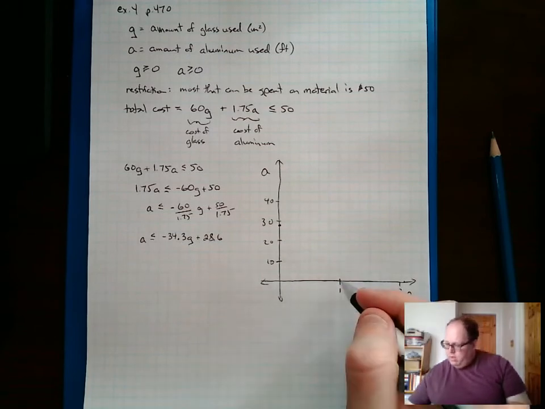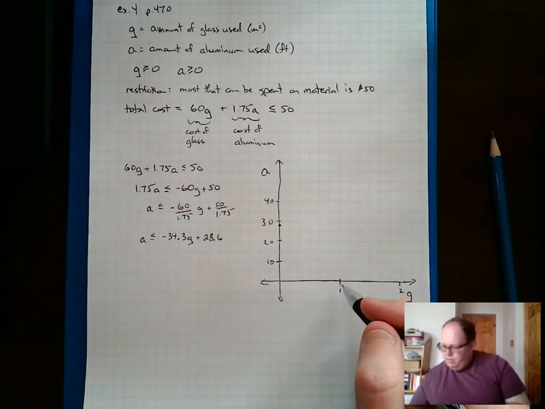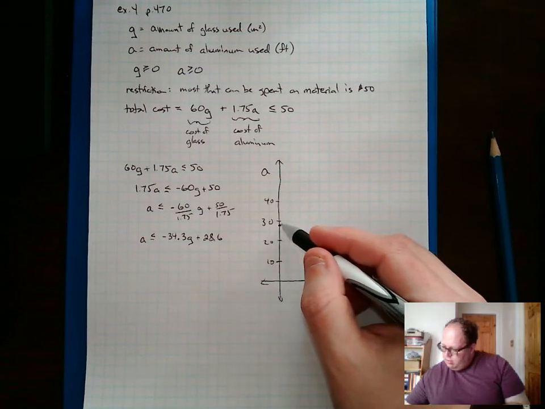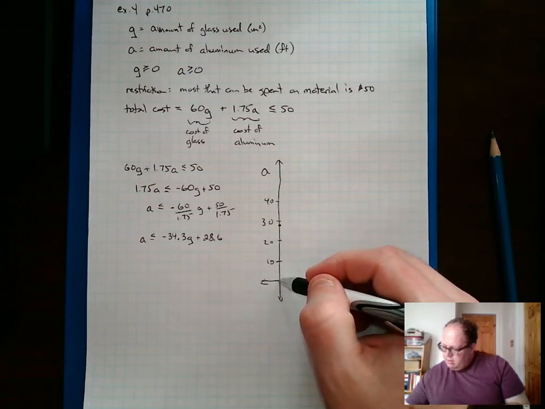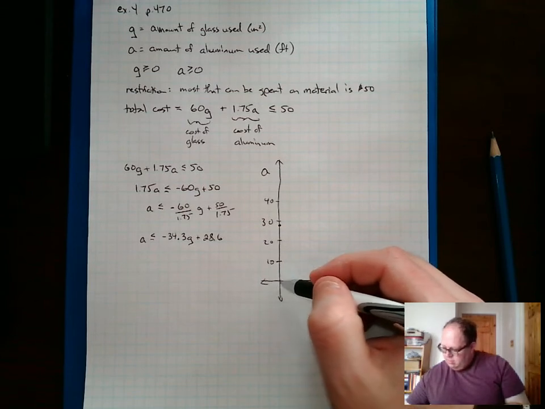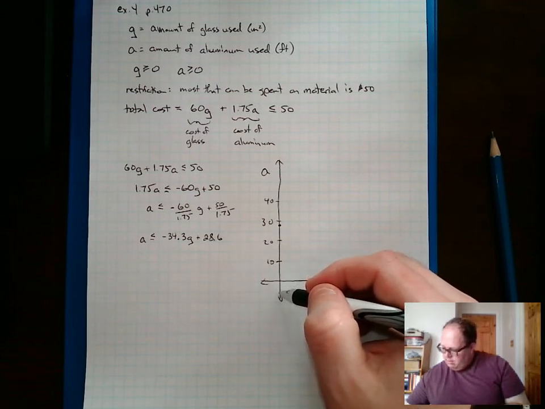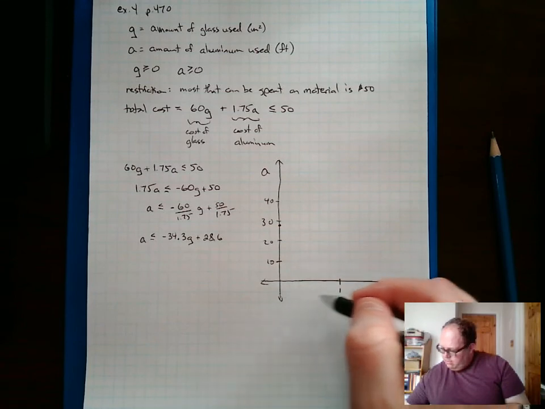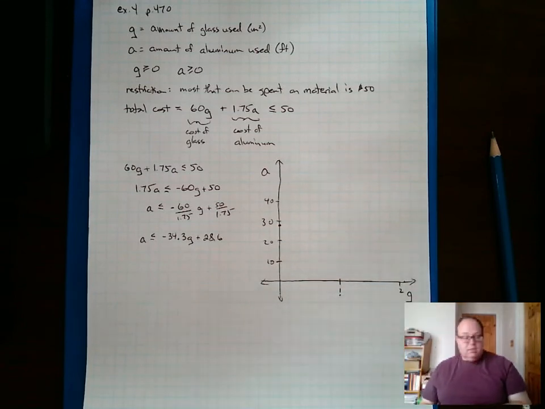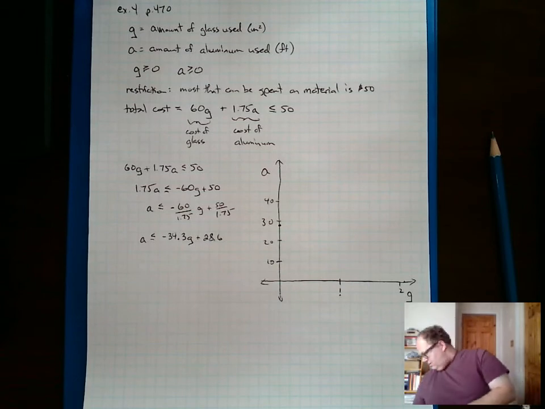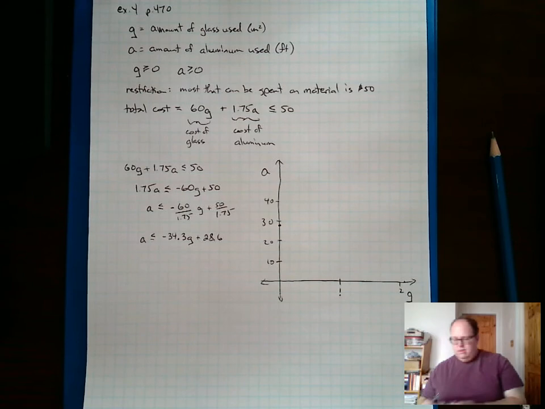For every 1 unit I go over, I go down about 34.3. So 34.3 would have me down to here, and then another almost 6 units down, which would take me down to about here. That's not a lot to work on, but it's enough for us to draw a straight line. Oh, I really wish I had a ruler here somewhere. Oh well. Straight edge of a box wins in a pinch.